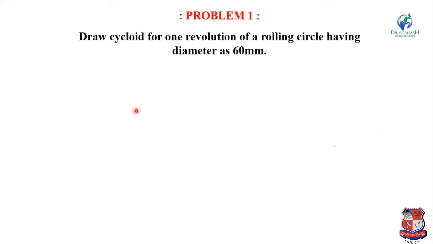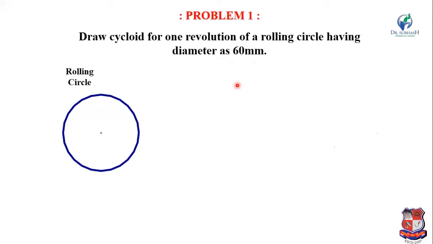The diameter of the circle is 60 mm. So first of all, we have to draw a circle of diameter 60 mm. This is known as the rolling circle, and this direction shows the direction of rotation of this circle.